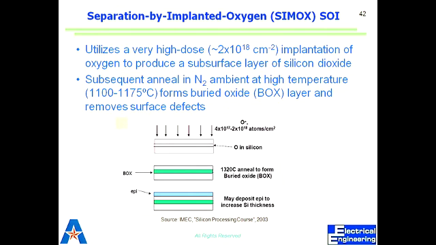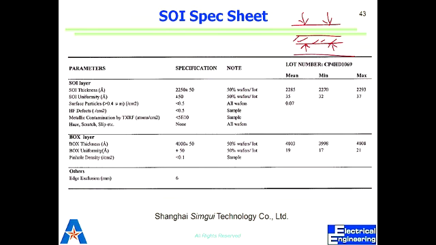Okay. So in this case, this is called SOI and this is called the handle silicon. Question: what is important now in an SOI wafer? Not just the roughness and those things that were important for a silicon wafer, but now we are also looking at the SOI thickness and buried oxide as well. How thick is this? What is the uniformity?